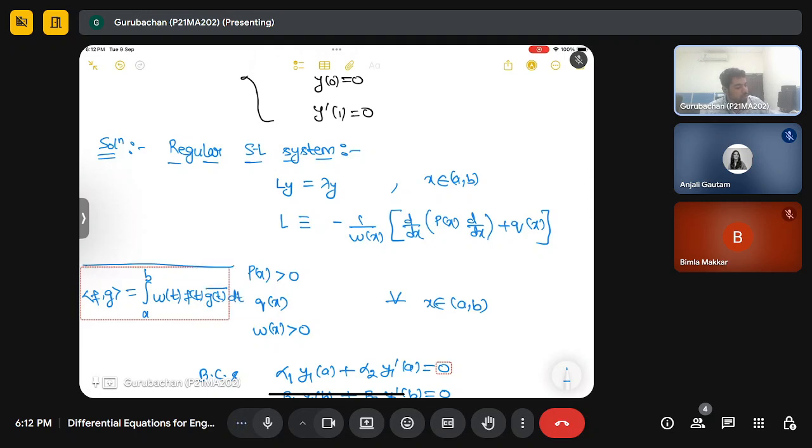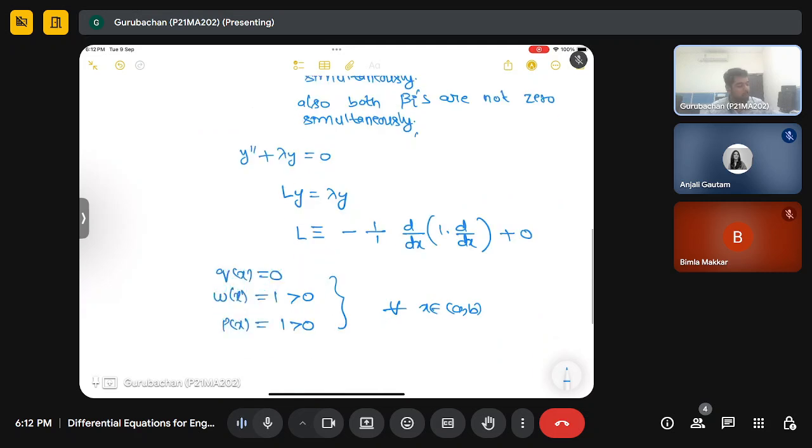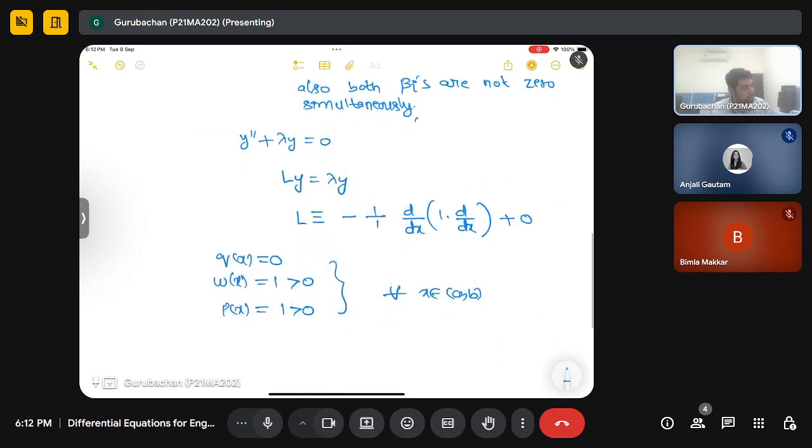Since the weight function is 1, and the ODE is defined from 0 to 1, since we have been given the boundary conditions y(0) and y(1), it will be the integral from 0 to 1 of f(t) g(t) complex conjugate.